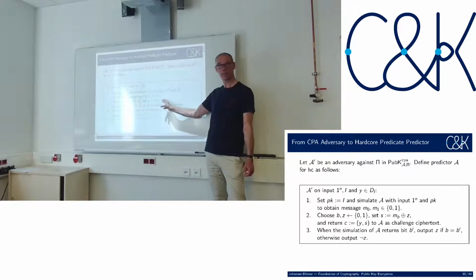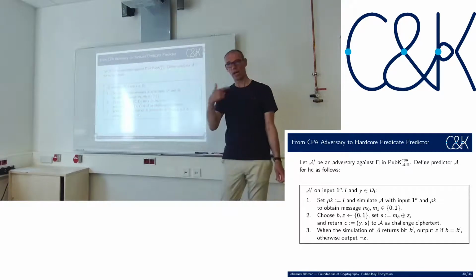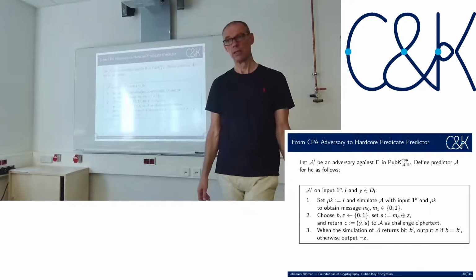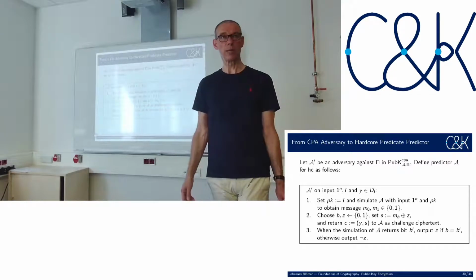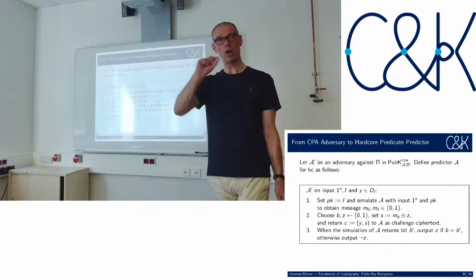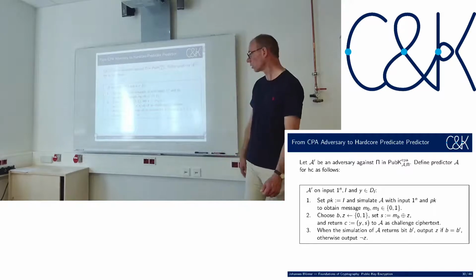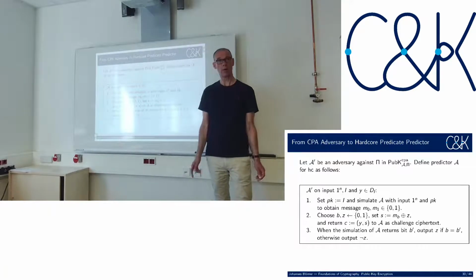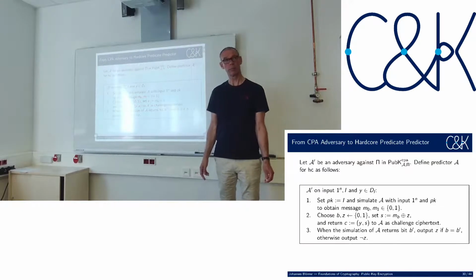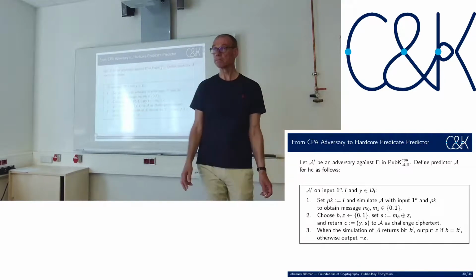So that's our guess for the hardcore predicate. If B is not equal to B prime, then we guess that the complement of Z, non-Z, is our value for the hardcore predicate.